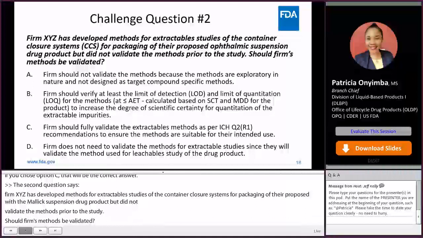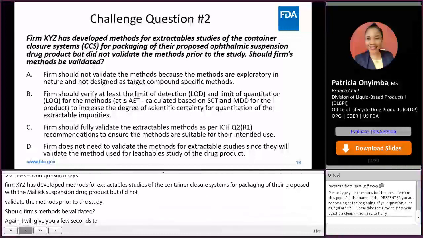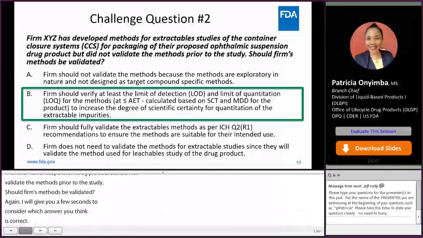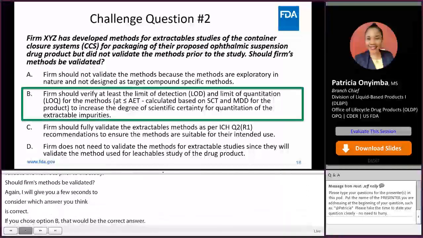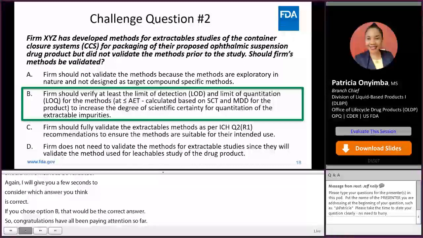Again, I'll give you a few seconds to consider which answer you think is correct. Now, if you chose option B, that will be the correct answer. So congratulations. We've all been paying attention so far.